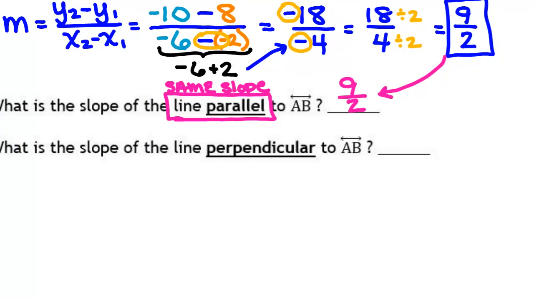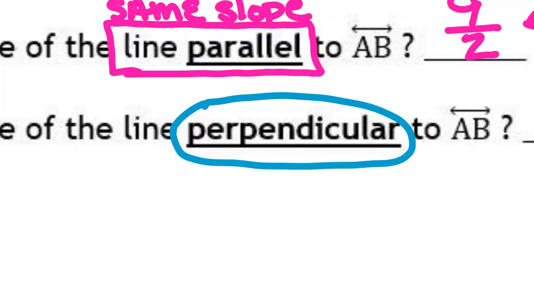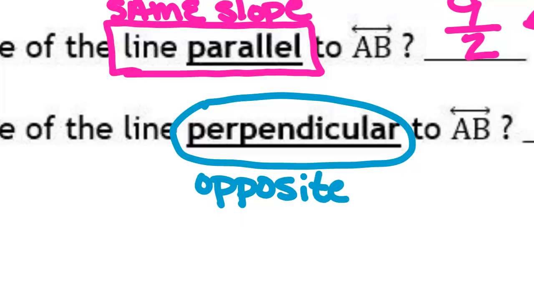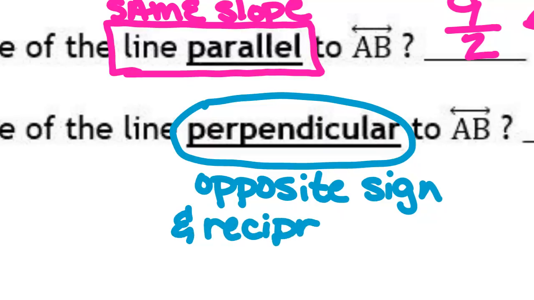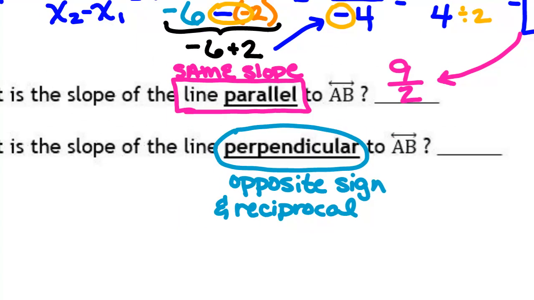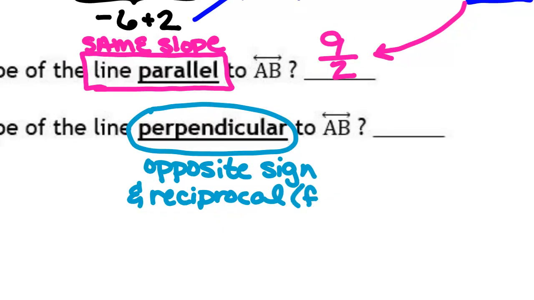For perpendicular, the slope is opposite sign and reciprocal. Remember, reciprocal just means to flip the fraction.